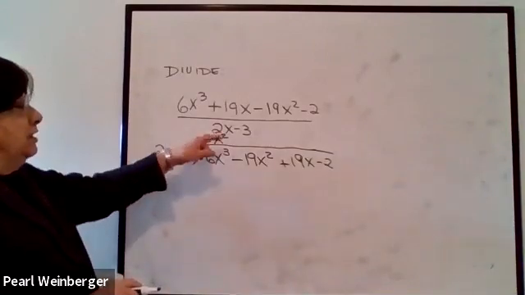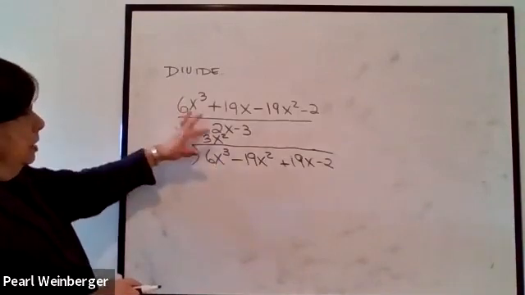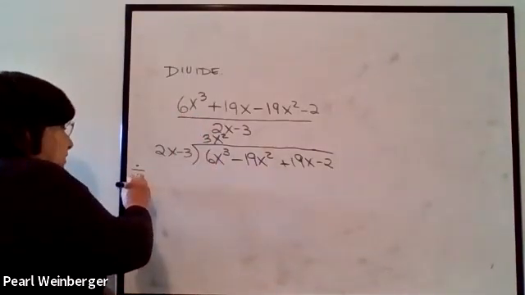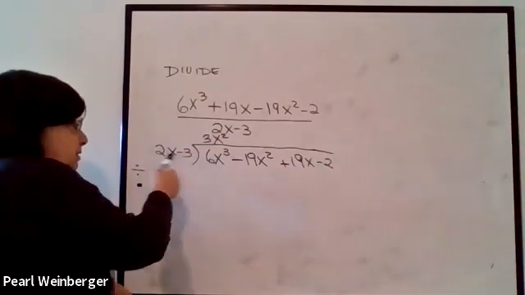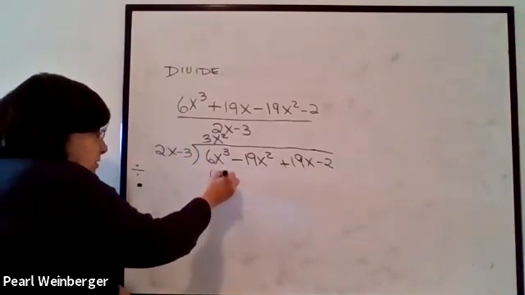What I do is I take what I just put on top, and it doesn't matter where on top I put it. I take it and I multiply by it. That's my second step. I'm going to multiply the 2x minus 3 by the 3x squared. So 2x times 3x squared is going to give me 6x to the third.